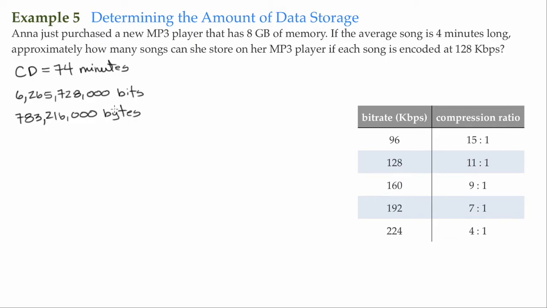Of course, if I take these bytes and change them into kilobytes, I divide it by 1024. You can use that transfer chart from earlier. So if I divide this by 1024, this comes out to be 764,859.375 kilobytes.